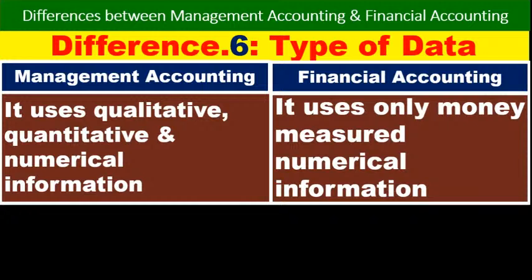That's why financial accounting uses only numerical information. But in management accounting, different data are used: qualitative, quantitative, and numerical information. These are all the differences between management accounting and financial accounting.